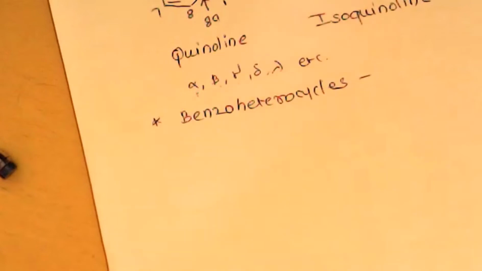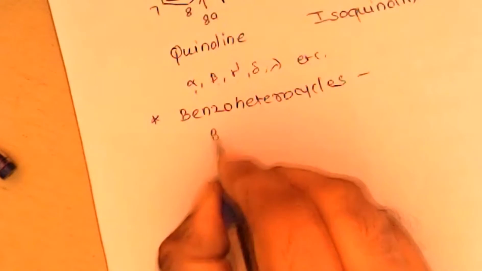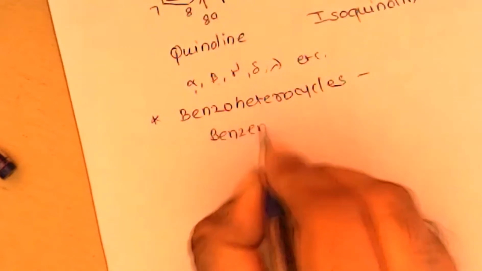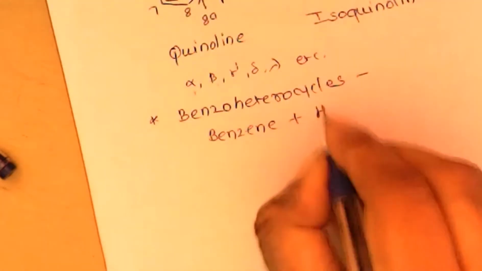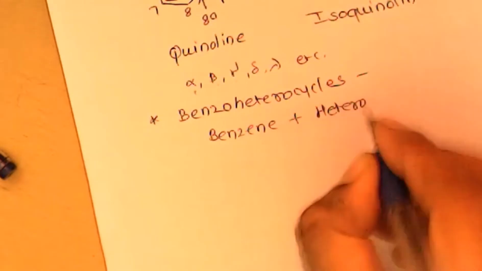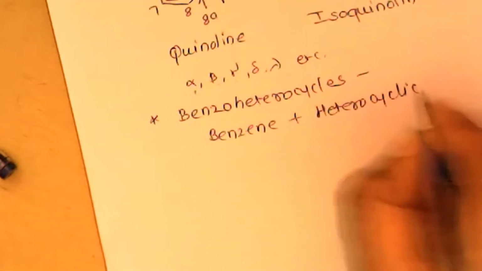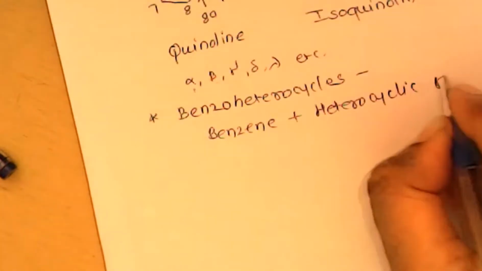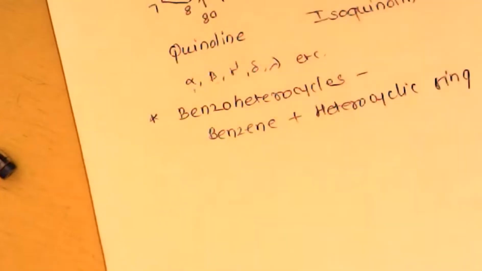So what is meant by benzo heterocycle compound? It is one in which the benzene ring is fused with the heterocyclic ring or compound. Then the resultant compounds are called the benzo heterocycles.